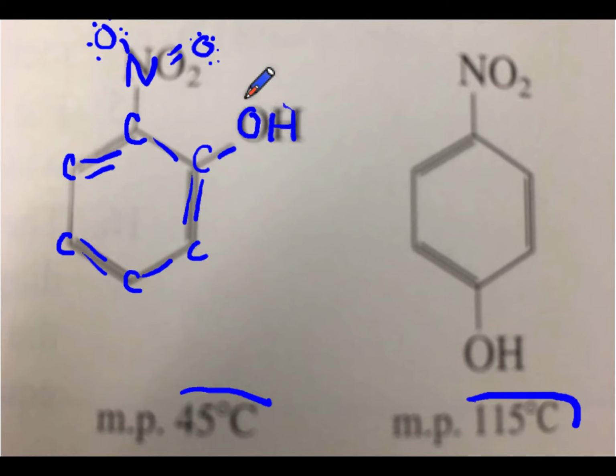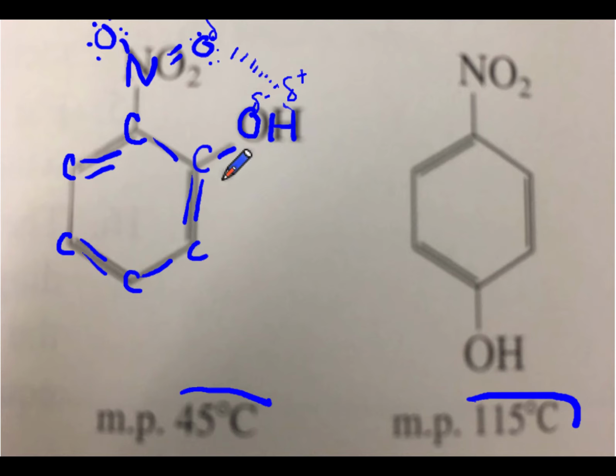what happens here is you have a slight dipole on this hydroxyl group, this OH group. So you have a slight negative there, a slight positive here. There's a slight negative here on this. So you do get some hydrogen bonding between this hydrogen and this oxygen.